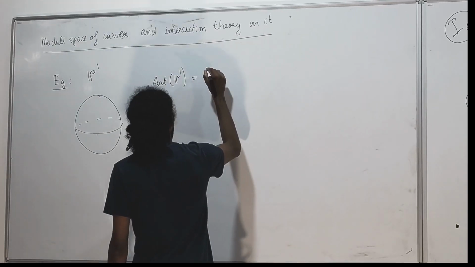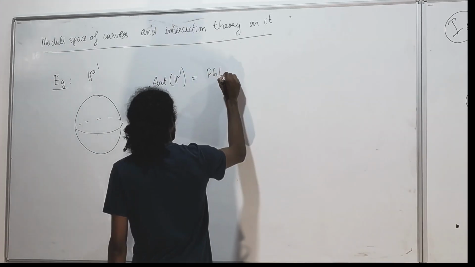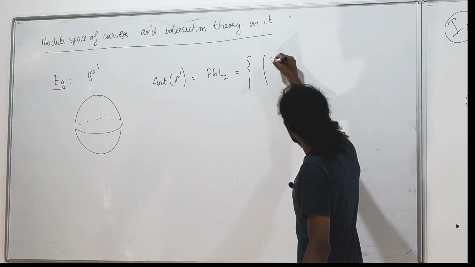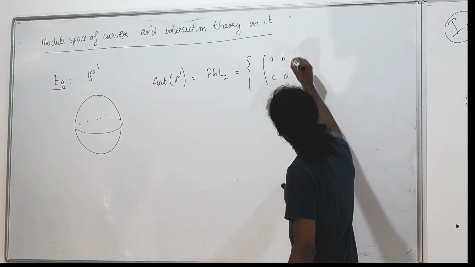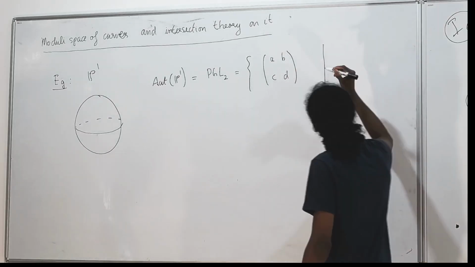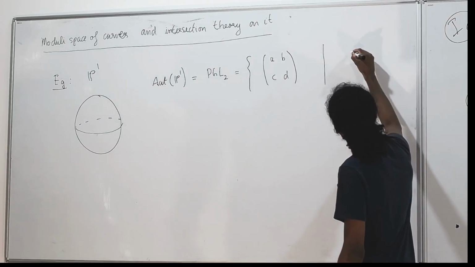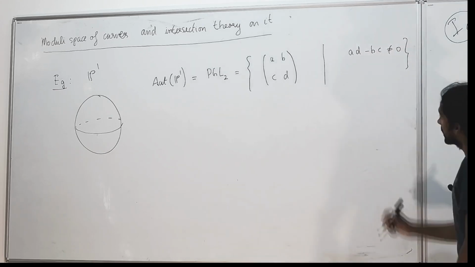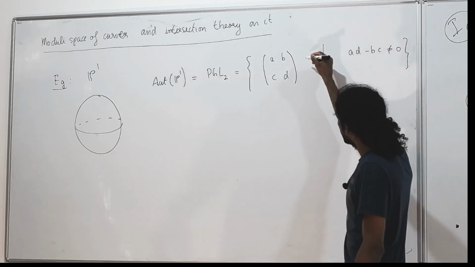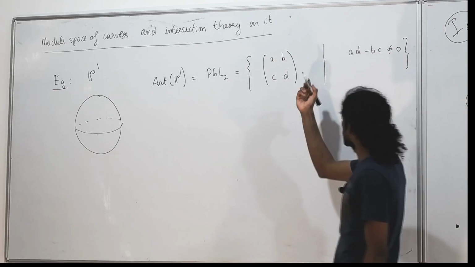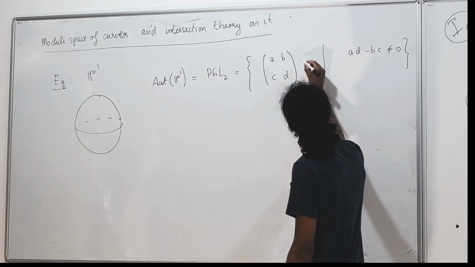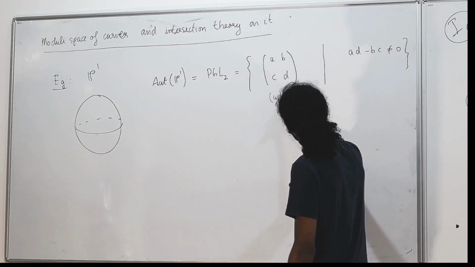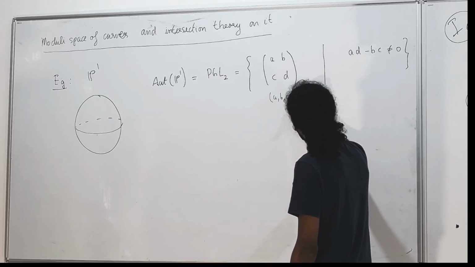It's PGL2, the set of 2 by 2 matrices such that AD minus BC is not 0, and you view these as projective. So basically rescaling doesn't affect it, so A, B, C, D is the same.